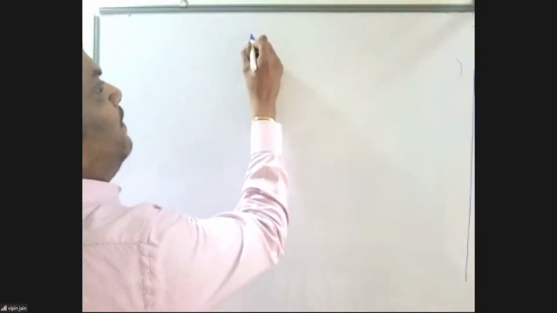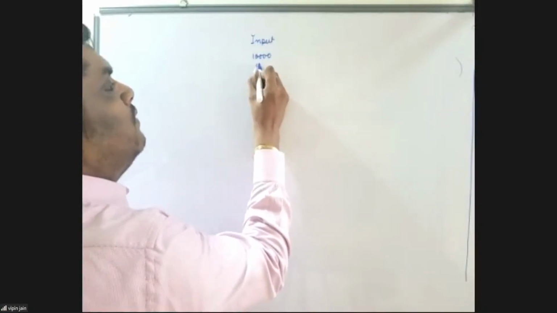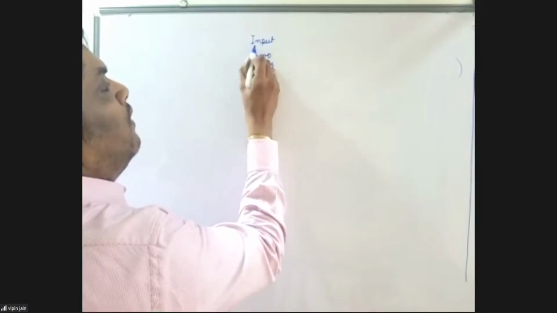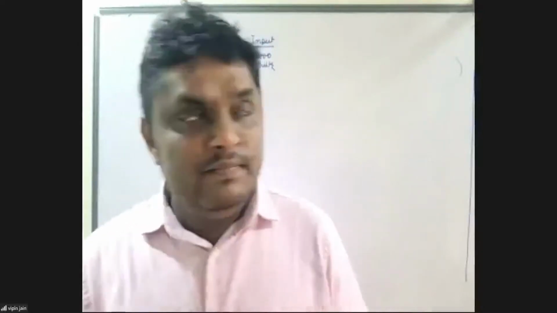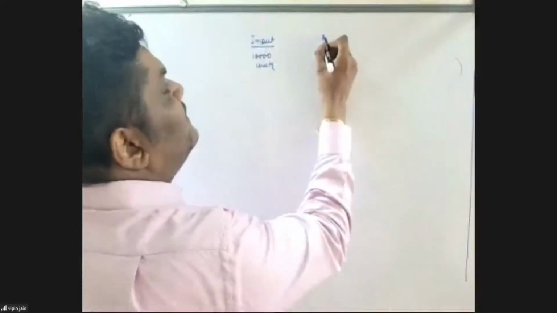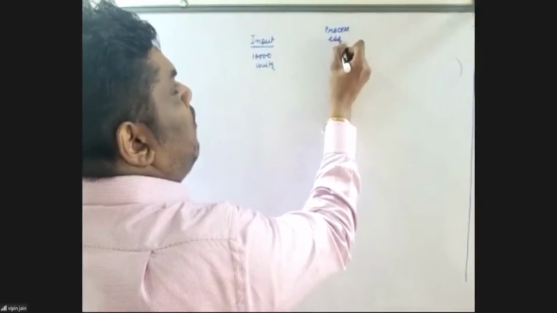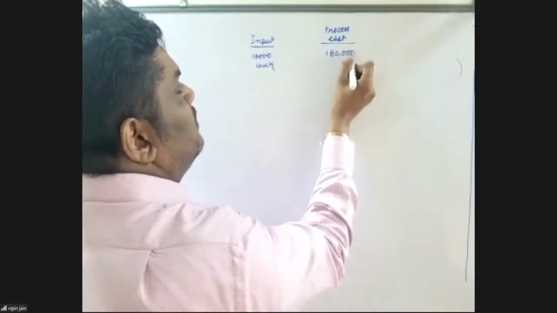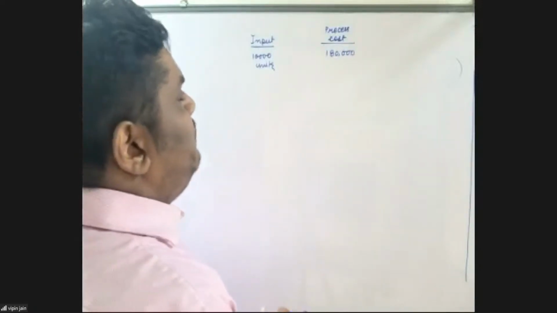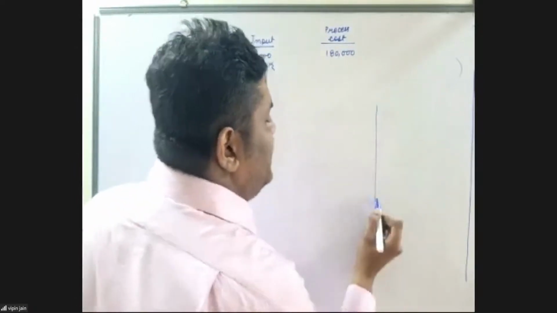Let's say my input is 10,000 units and my process cost is, let's say, 1,80,000 rupees.